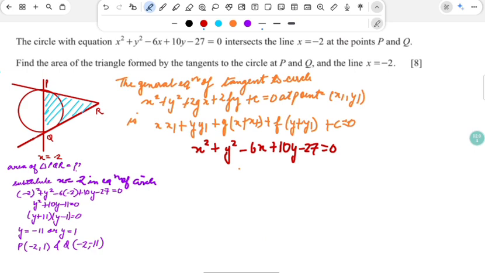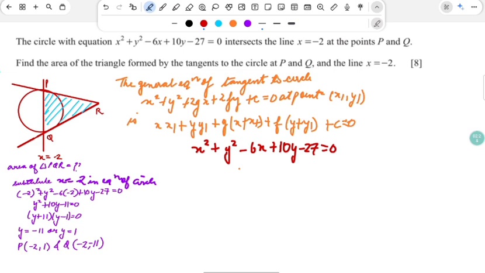Now next, the general equation of tangent to circle x² + y² + 2gx + 2fy + c = 0 at any point (x1, y1) is given by x·x1 + y·y1 + g(x + x1) + f(y + y1) + c = 0.